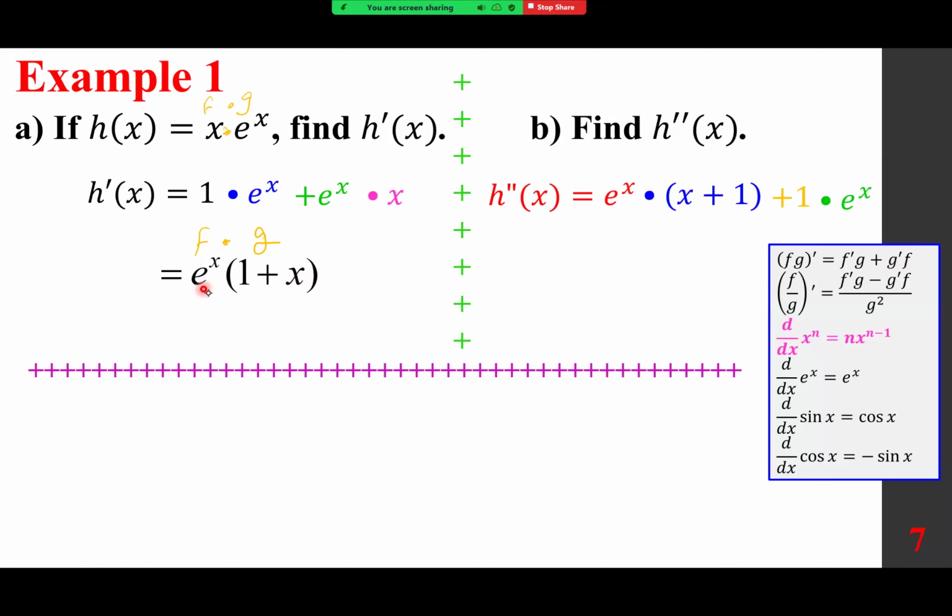Again, I'm done with calculus. I'm going to factor out e to the power of x. The first one gives me x plus 1. The second one gives me plus 1. So I have x plus 2. By the way, x plus 1 or 1 plus x makes no difference.